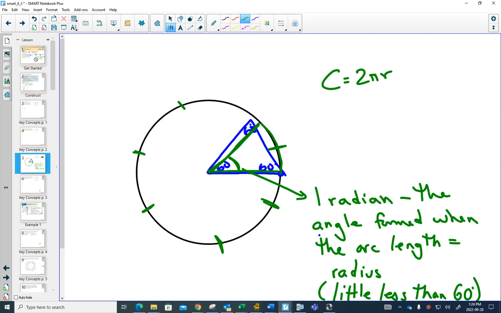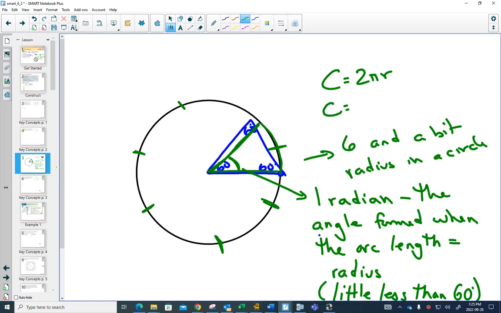If we measured how many radiuses fit around the circle, actually maybe cut them out with string and glued them to the edge of the circle, we would find that there are 6 and a bit radiuses in a circle. Our circumference formula, though, tells us 2 pi is approximately 6.28 radiuses.